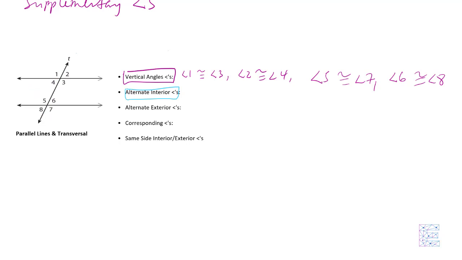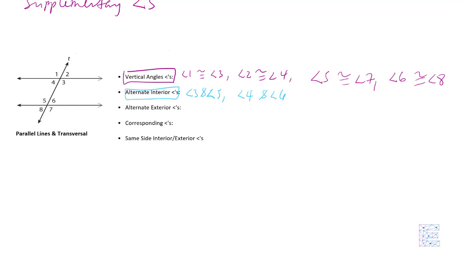So an example of those would be angle 3 and 5, alternating interior. So I'm just going to say angle 3 and 5 because it's easier to write it this way. And the other pair is angle 4 and 6. So basically, if you know angle 3, you definitely know angle 5 because they're equal. If you know angle 4, you definitely know angle 6 because they're congruent or equal.